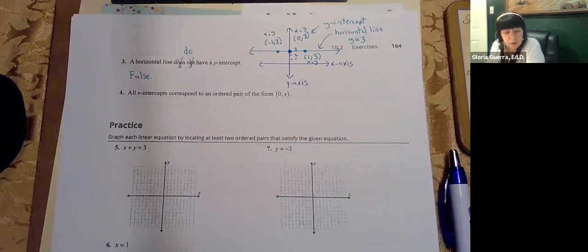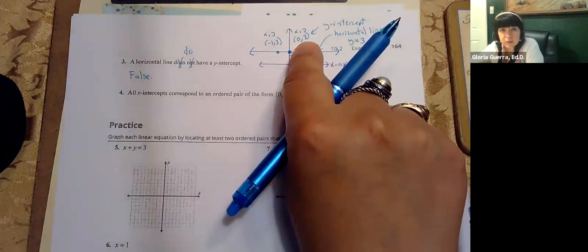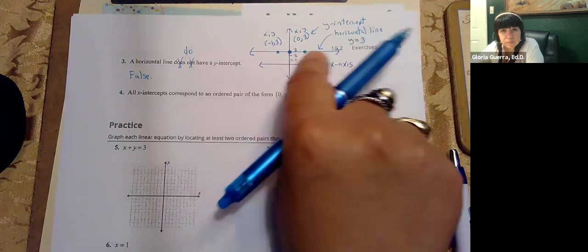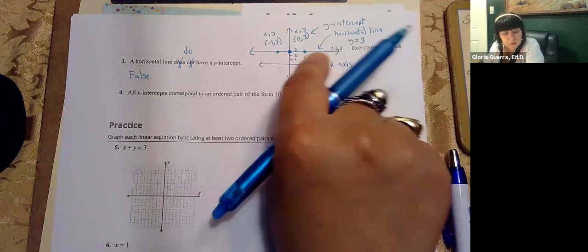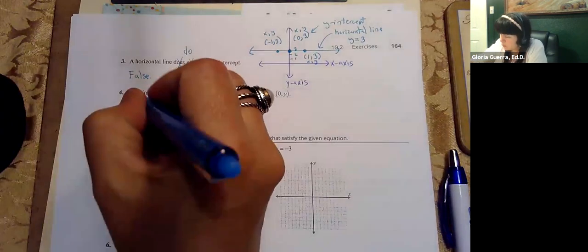Number 4, all x-intercepts correspond to an ordered pair of the form (0, y). That looks like it's false, because you see here (0, 3), and that is for horizontal lines. So this is false.